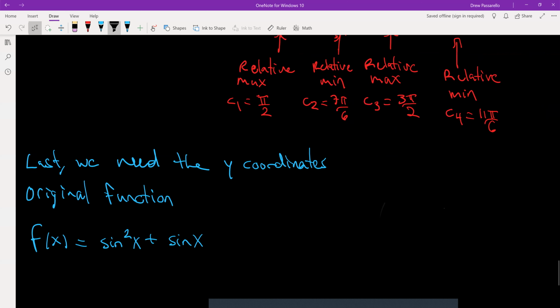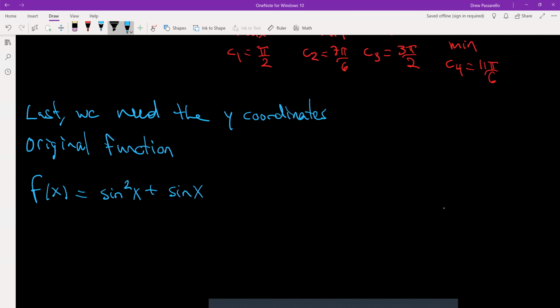So the first one's pi over 2. So that's sine squared pi over 2 plus sine of pi over 2. Well, on the unit circle, sine of pi over 2, I believe, should be 1.